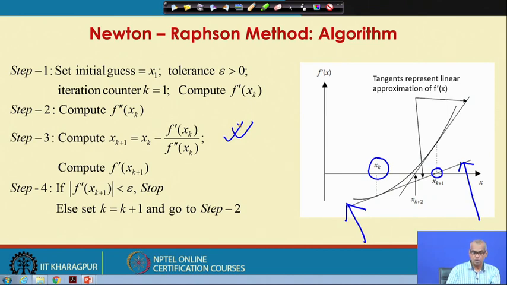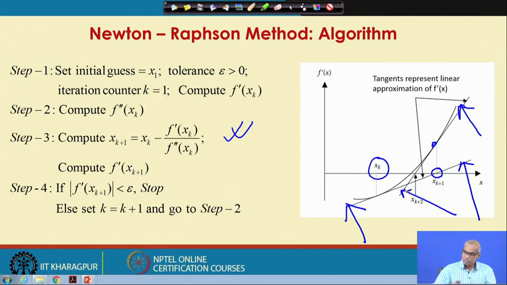else we set k equal to k plus 1 and go to the next improved trial point by computing it as x k plus 1 equal to x k minus f prime x k by f double prime x k. So, as it is shown here, we have obtained the x k plus 1 and then at x k plus 1 we again make the linear approximation of the function f prime x.